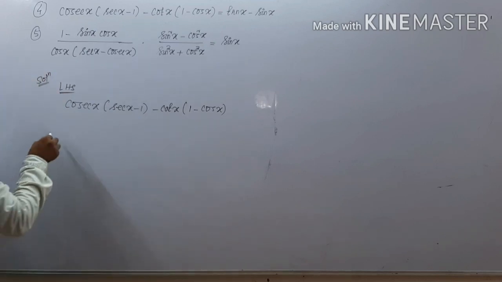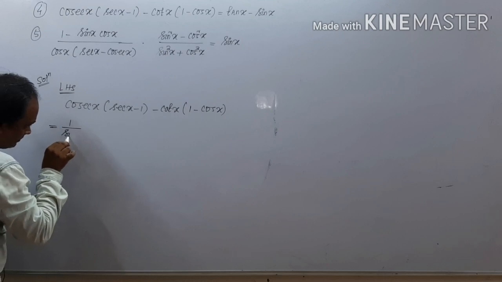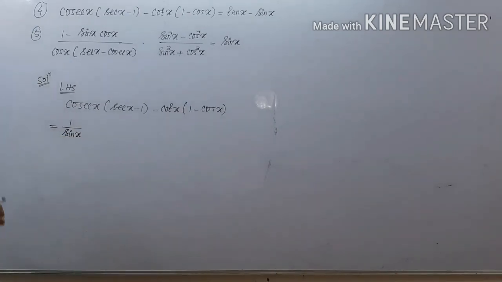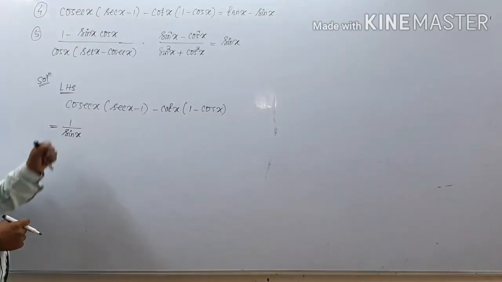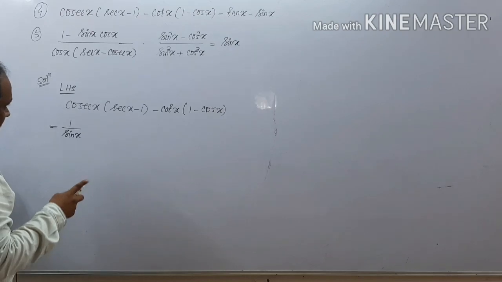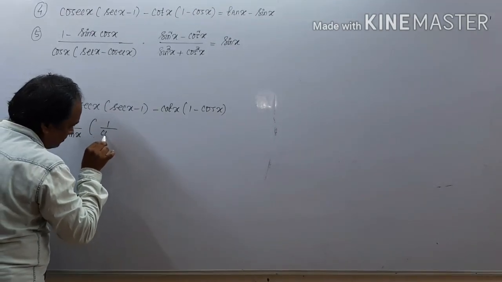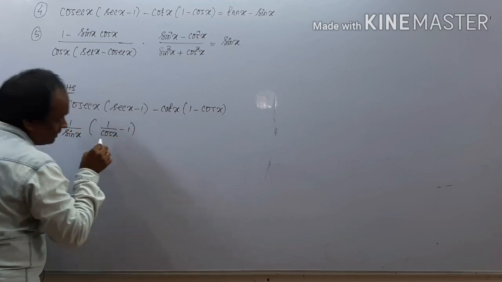Here we can write cosec x as 1 upon sin x, because we know that sin x multiplied by cosec x is equal to 1, that is why cosec x is equal to 1 divided by sin x. Sec x is 1 upon cos x, minus 1.